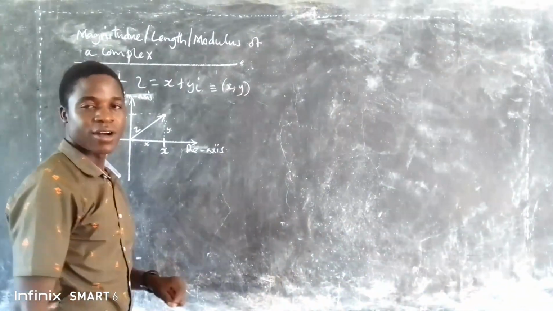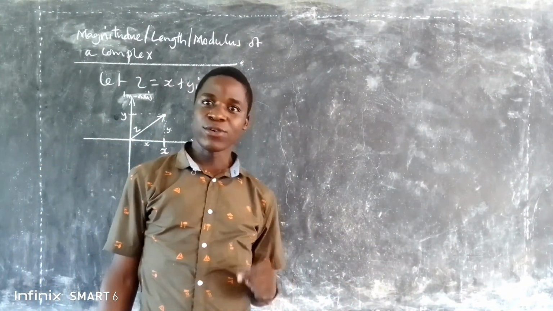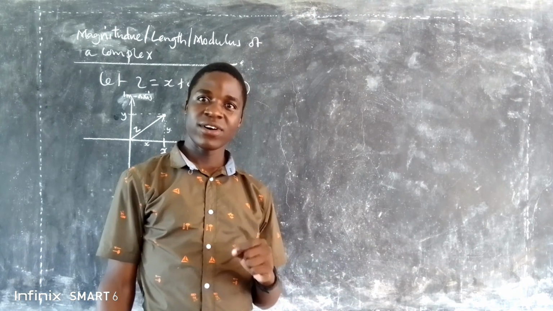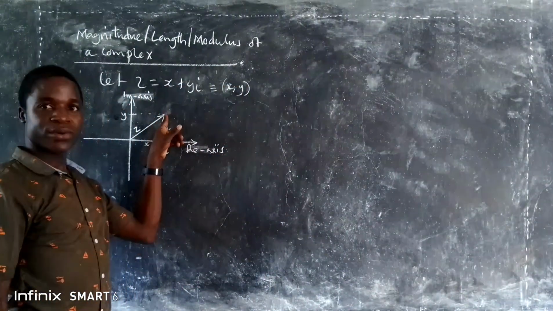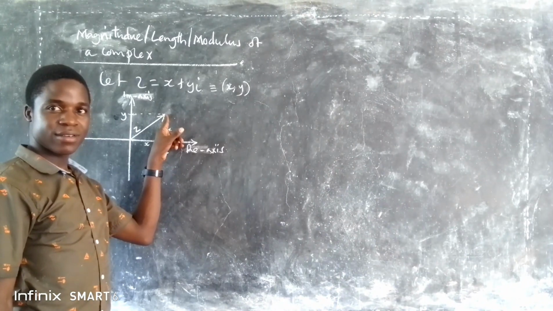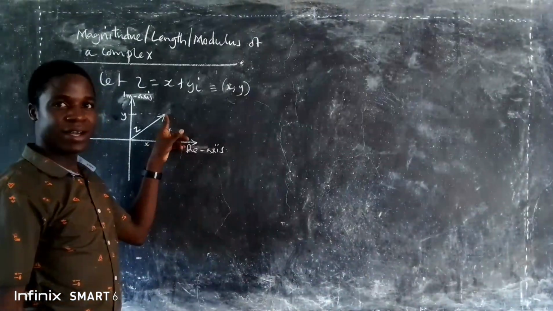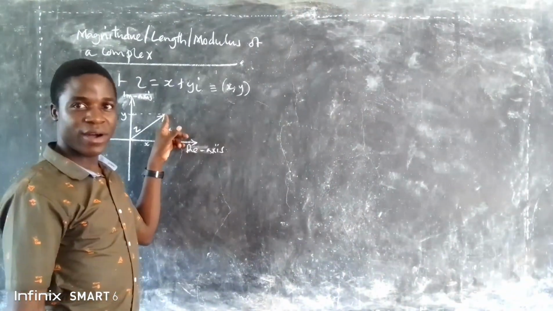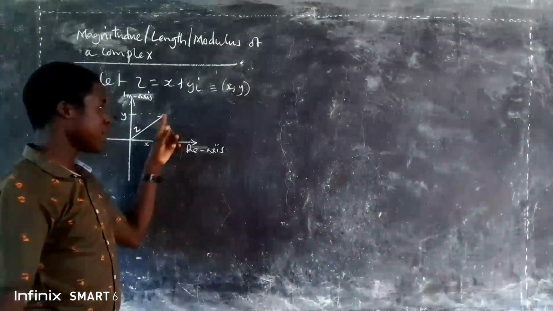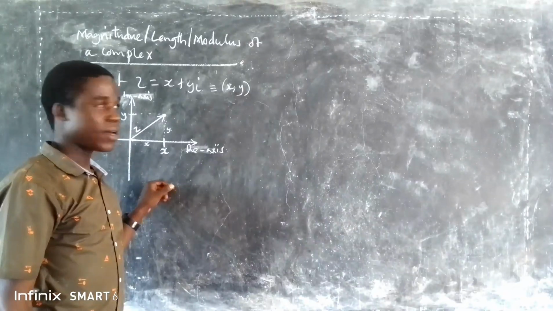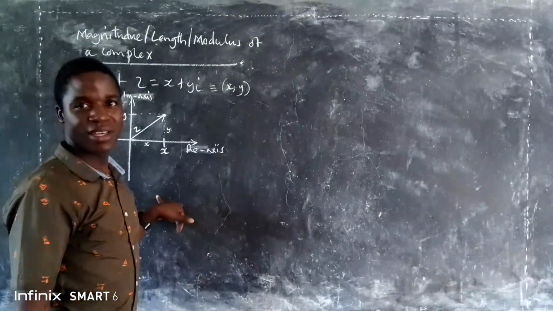Now, what is the length of our complex number? The length of our complex number is from here up to here. The one we are calling magnitude, and at the same time we are calling it modulus. And how do we denote it?